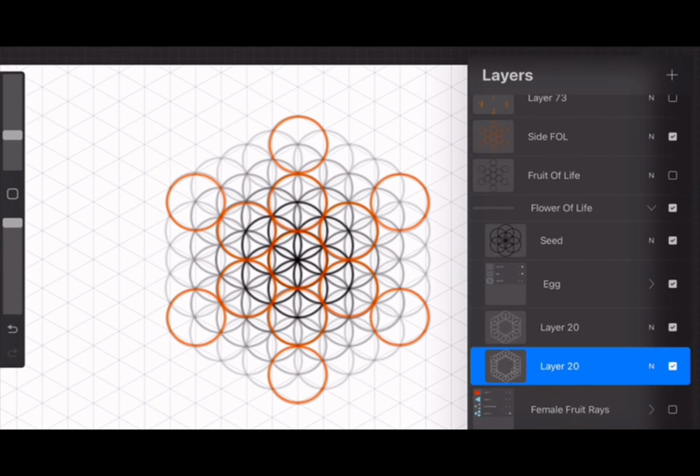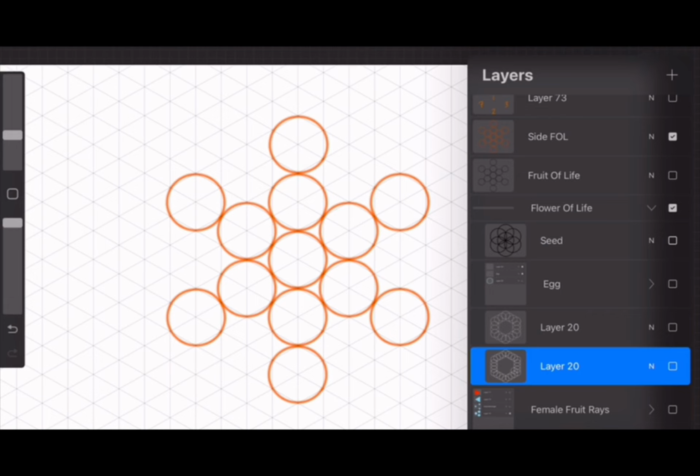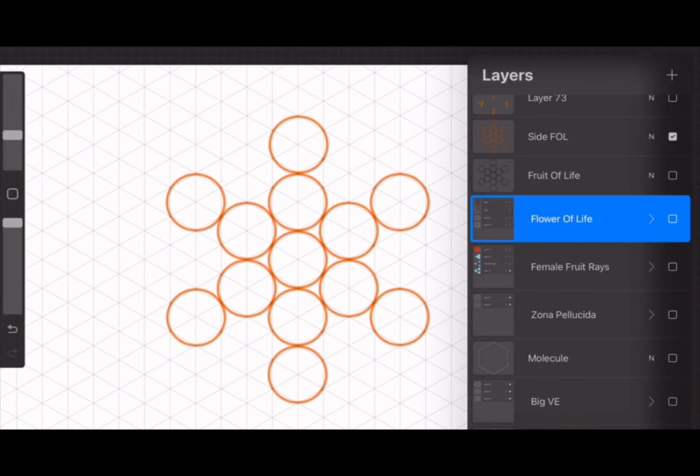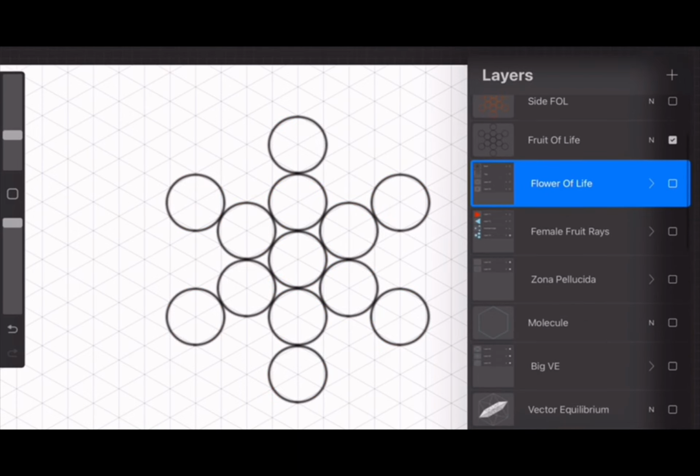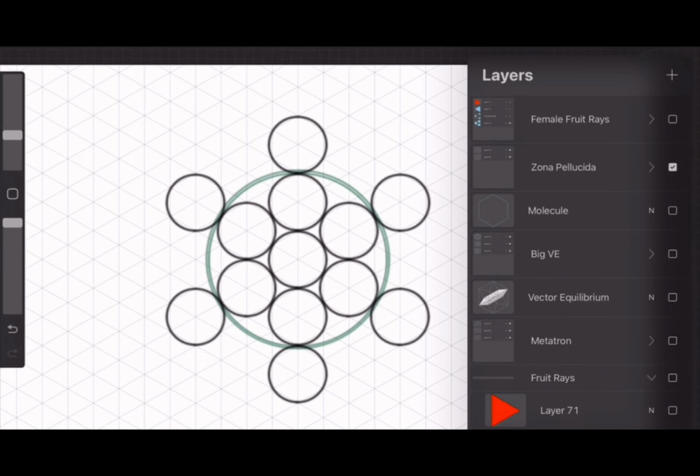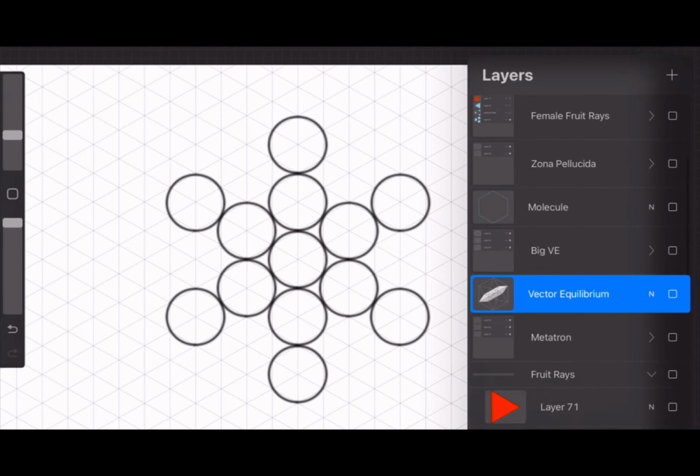Now let's go ahead and remove our Flower of Life entirely, and let's just focus on the Fruit of Life here in the orange. I'm going to convert it to black just so it's a little bit easier to see. Now that we have the Fruit of Life and we know where the zona pellucida is, that nucleus of our inner 7 seed words, representing the molecule, the compound that we're making for whatever these outer potentials are going to be, now let's talk about the vector equilibrium.